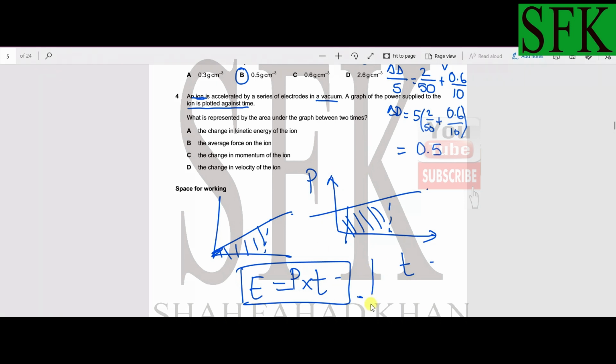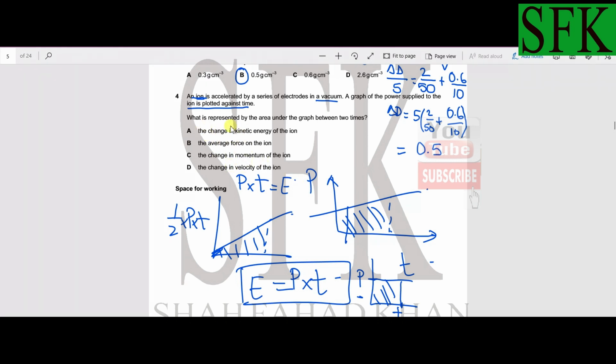If the graph is basically a horizontal line, then the area under the graph is going to be the power on the y-axis and the time on the x-axis, and the product of them. In this case, it is going to be half into power into time, or in any case the SI units are going to be power into time. Power into time by definition we know is equal to the energy.